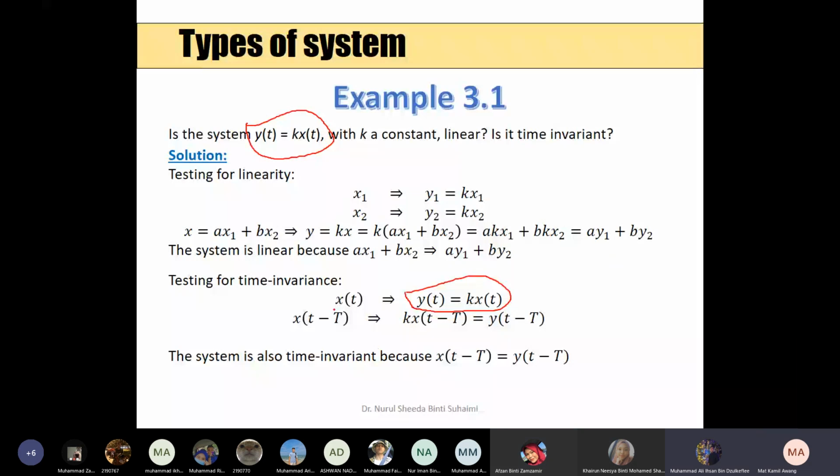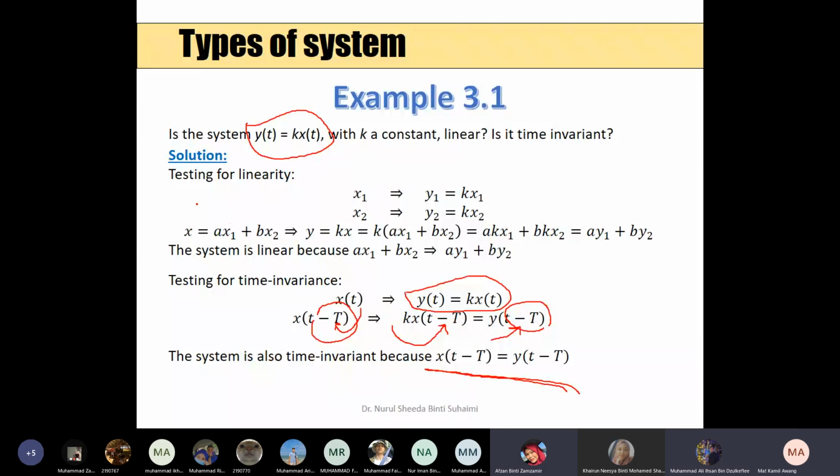Then, if I introduce the delay in x, is it the same? Does it produce a delay in y? So I produce k x of t minus tau, which introduces a delay in the output. Is it the same? Does it produce the same delay? The answer is yes. Therefore the system is time invariant.